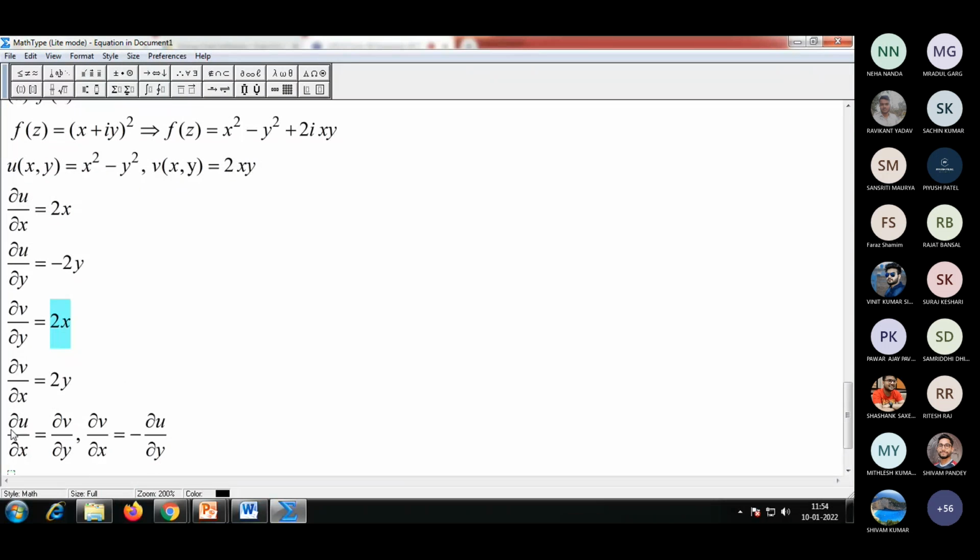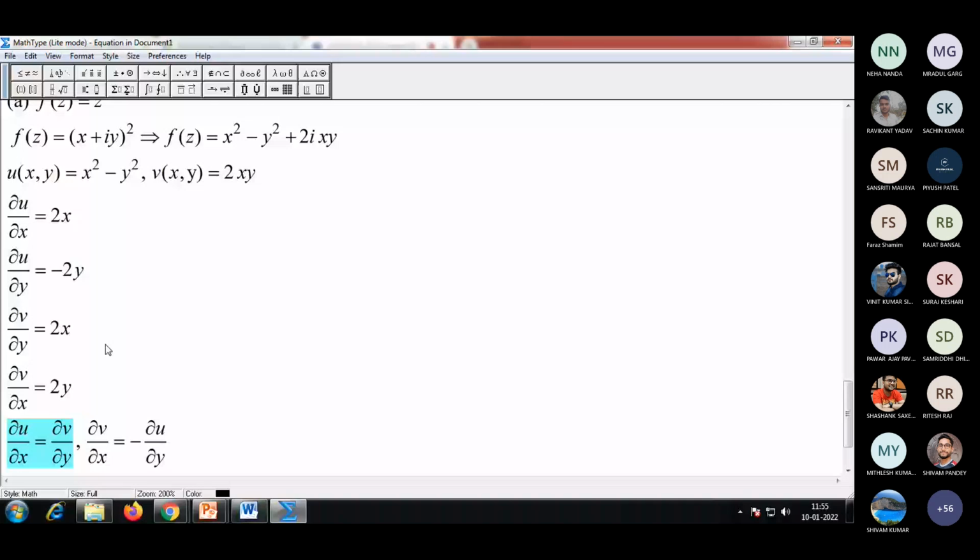As per the CR equations, del u by del x should be equal to del v by del y, which is 2x, and del u by del y is equal to minus del v by del x. Okay, so it means the CR equations are satisfied.